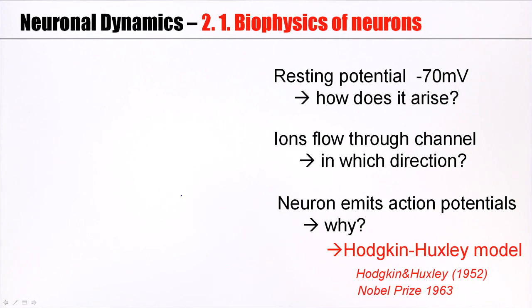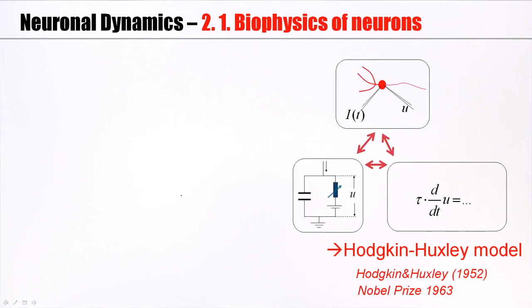A model that really can be considered a breakthrough and led to a Nobel Prize awarded to Hodgkin and Huxley. So in this week, I will walk you through the model of Hodgkin and Huxley.